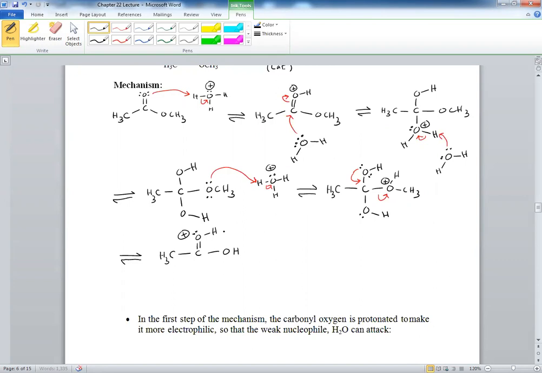Finally, we need to deprotonate this carbonyl oxygen. That's where water comes in. It deprotonates it, thus regenerating the acid, and of course making the carbonyl compound, which is the carboxylic acid.